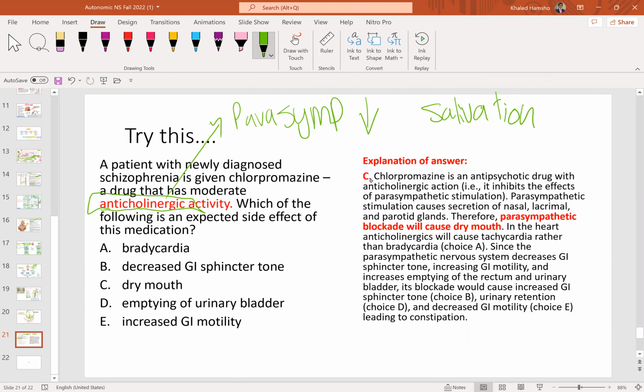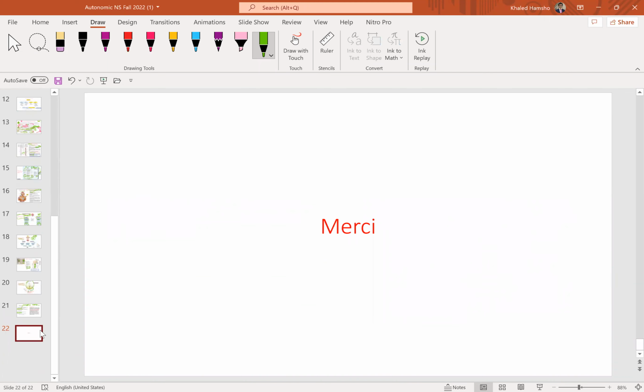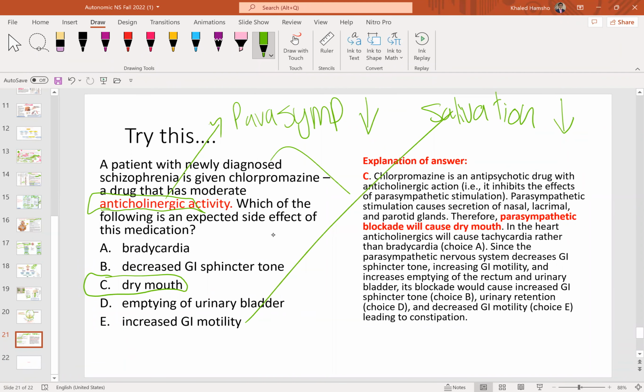When you decrease it, you have decreased salivation and a dry mouth, and that's why it's here. All the rest are for other effects. So yeah, that's about all. I don't think he'll put this question in the exam, by the way. This is just like a fun fact.